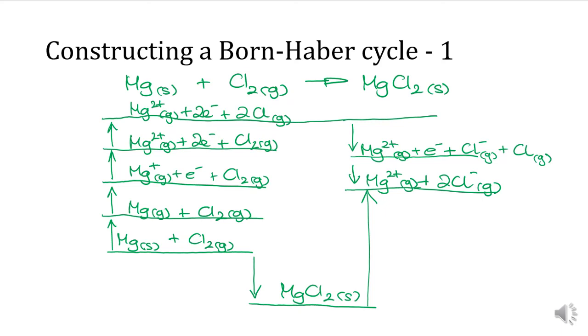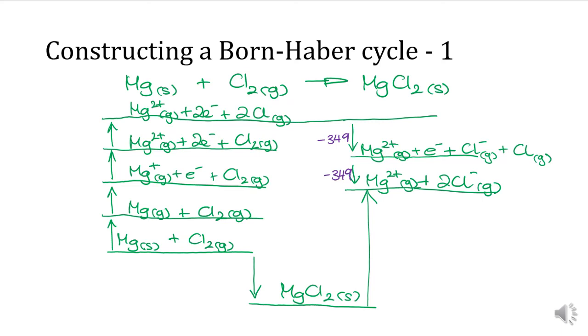So while I'm on the page of the data book that gives me ionization energies and electron affinities, this is -349, -349. I would recommend in the future just doing 2 times and just having the 1 arrow.